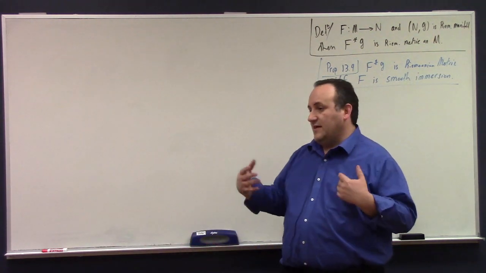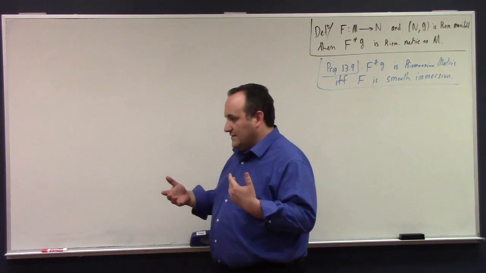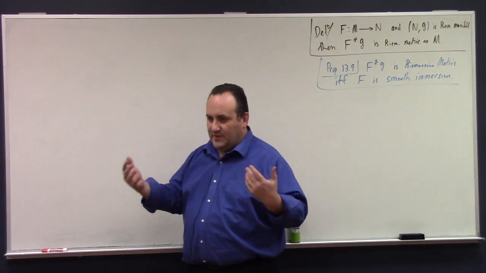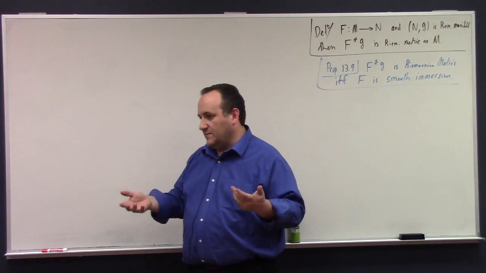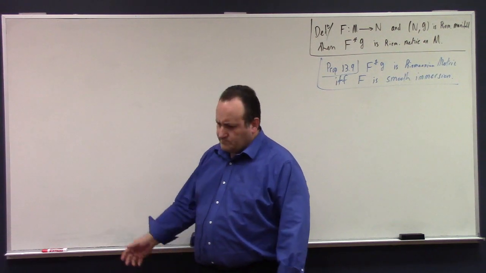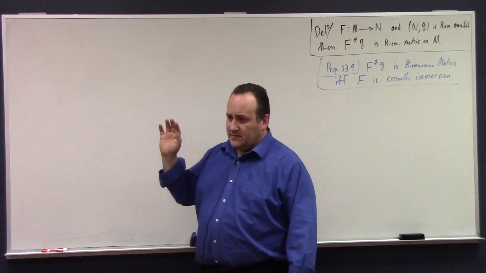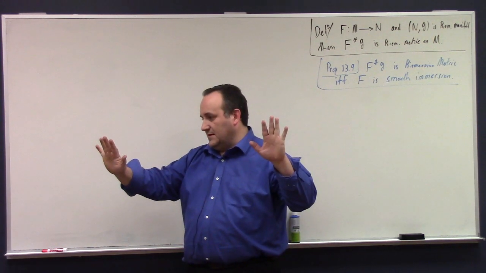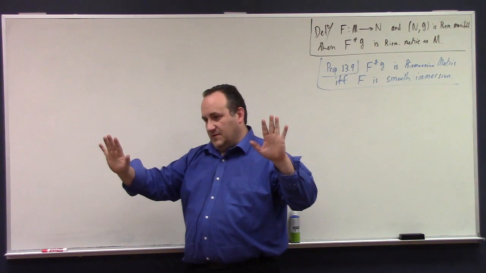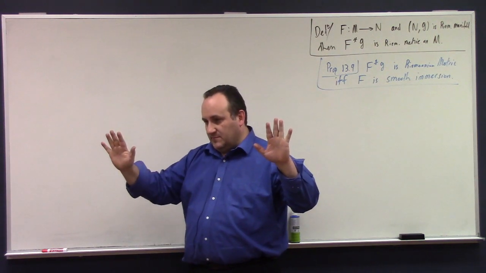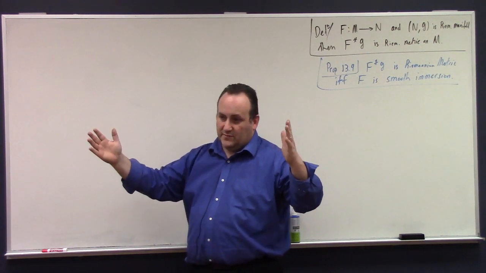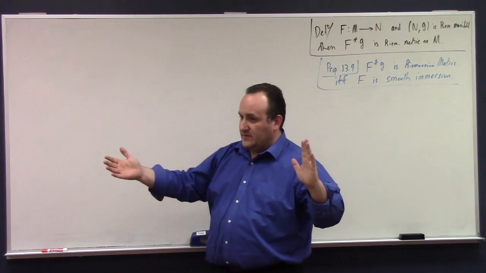So to say two topological spaces are homeomorphic is to say that they have the same concept of openness and closedness and so forth. A set will be open in the one topological space if and only if it is the image of an open set in the other one. The homeomorphism just maps open sets to open sets and closed sets to closed sets. It just transports the whole topological structure from one to the other.